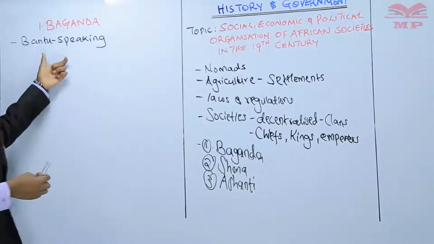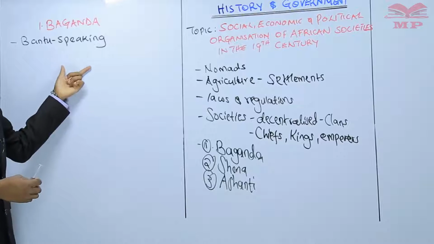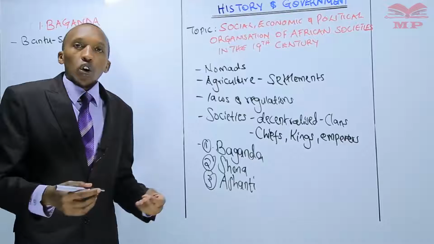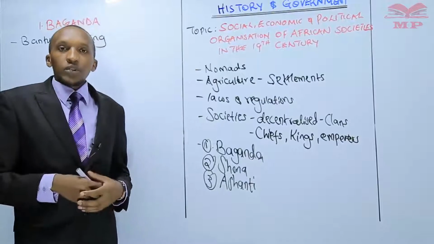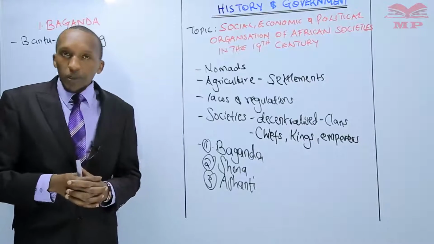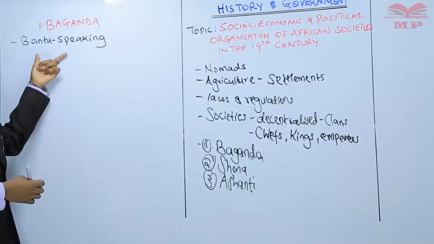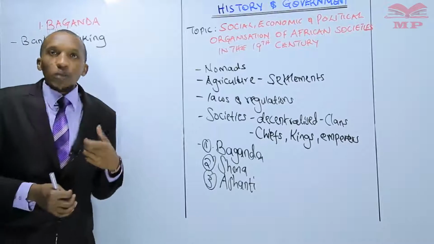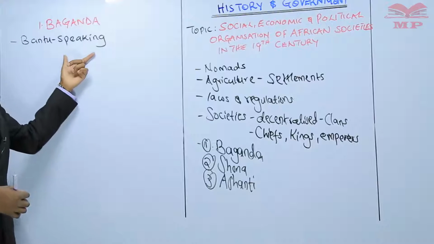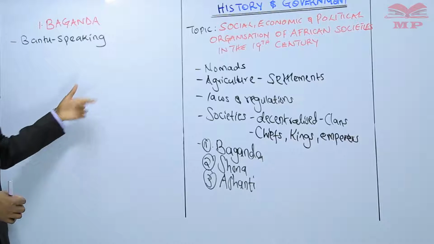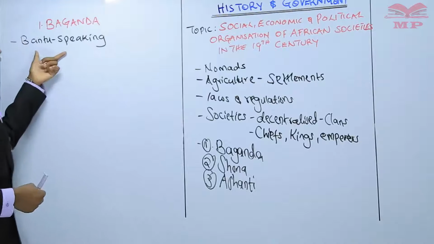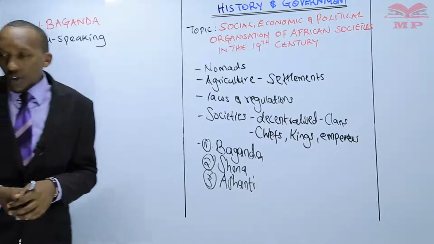Just like every other Bantu speaking people, they are believed to have originated from the Congo River Basin, as you have learned in your previous topics. The Baganda are related to the other Bantus.